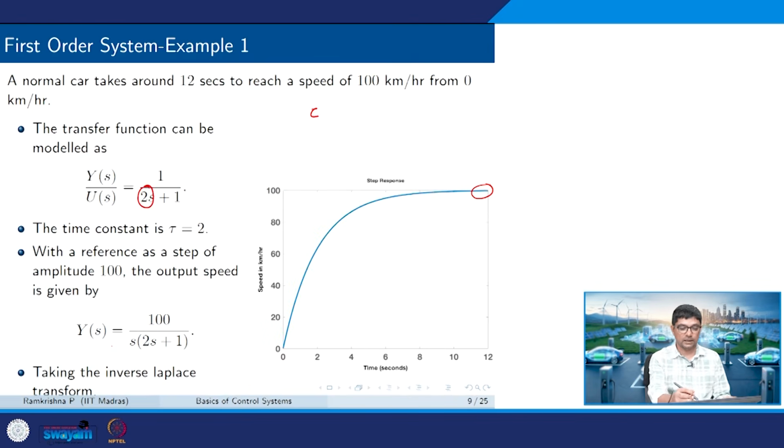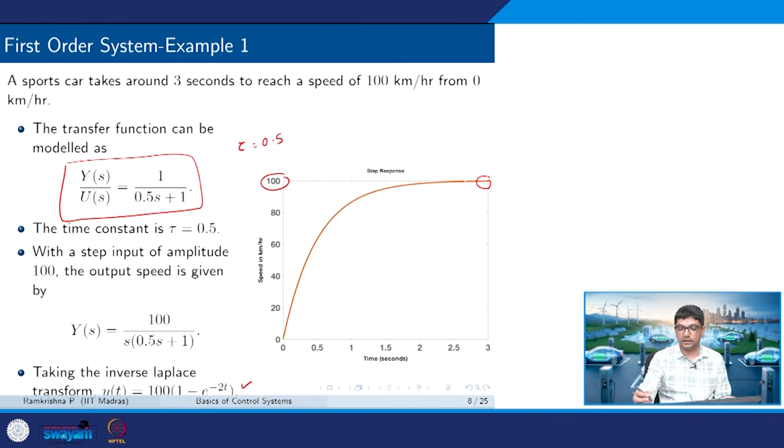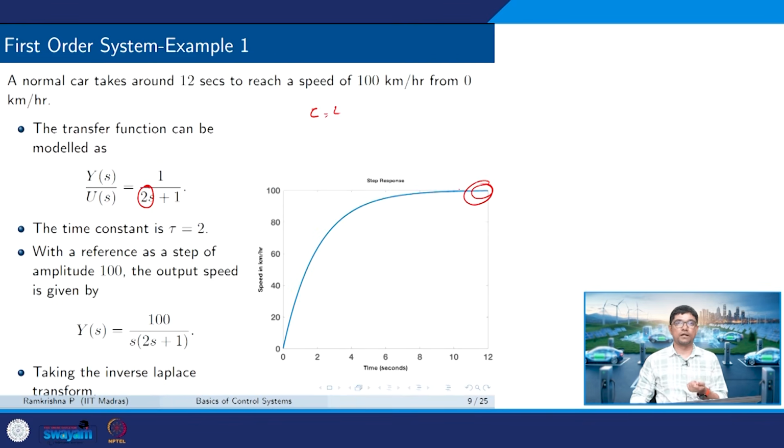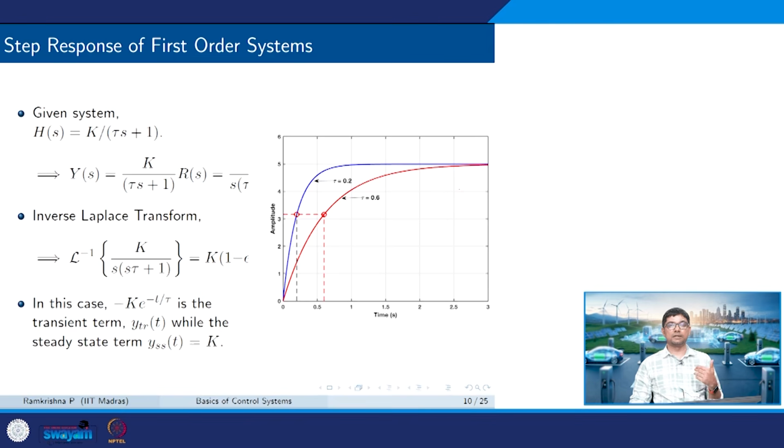A smaller time constant will give me a faster response, and therefore, this can be chosen as a design parameter of how fast I want my system to attain the steady state, or how fast I want my system to go from 0 to a certain speed, right. And this is a little comparison of what happens for tau equal to 0.2 till tau equal to 0.6 and so on.